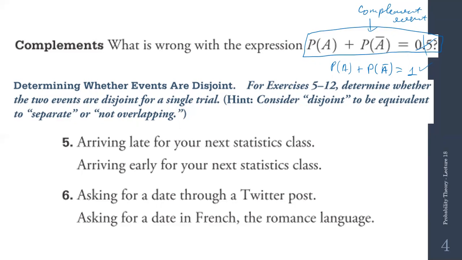You cannot come early and late in the same class. So this is disjoint. Asking for a date through a Twitter post, asking for a date in French, the Roman language. This is joint. These two are disjoint.